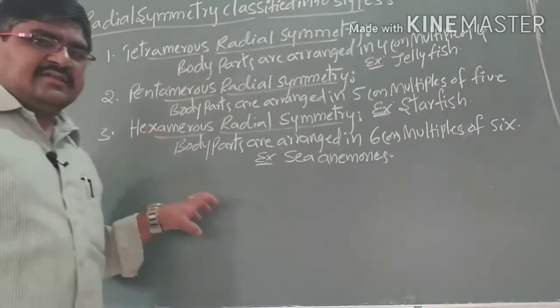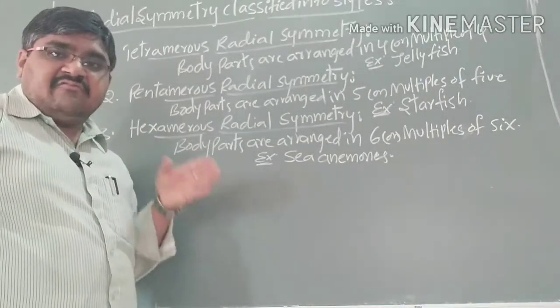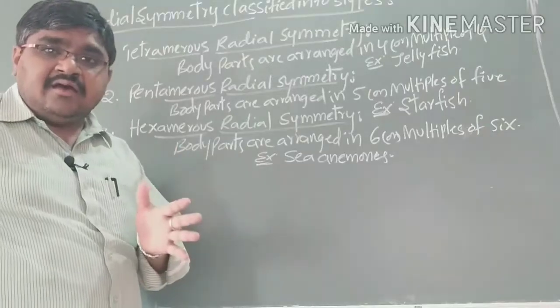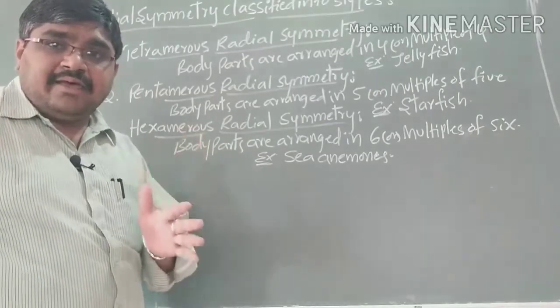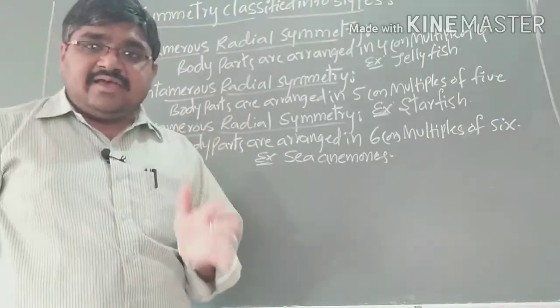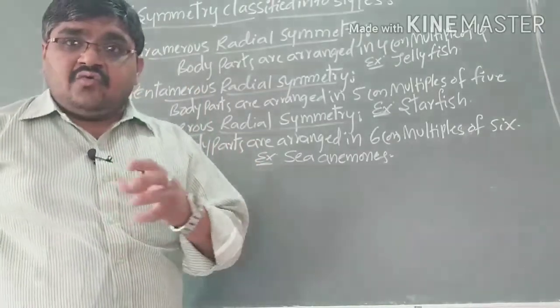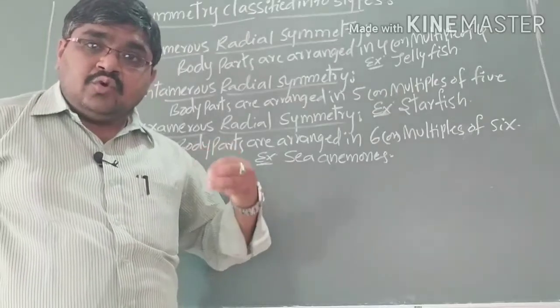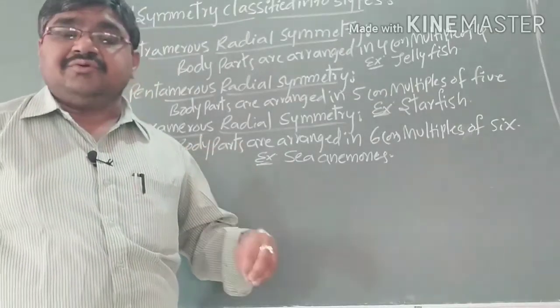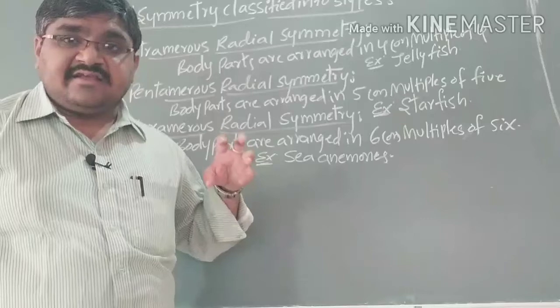That means when you cut the organism in any vertical plane along the central axis, we are able to produce two identical halves. Then we can call it radial symmetry.